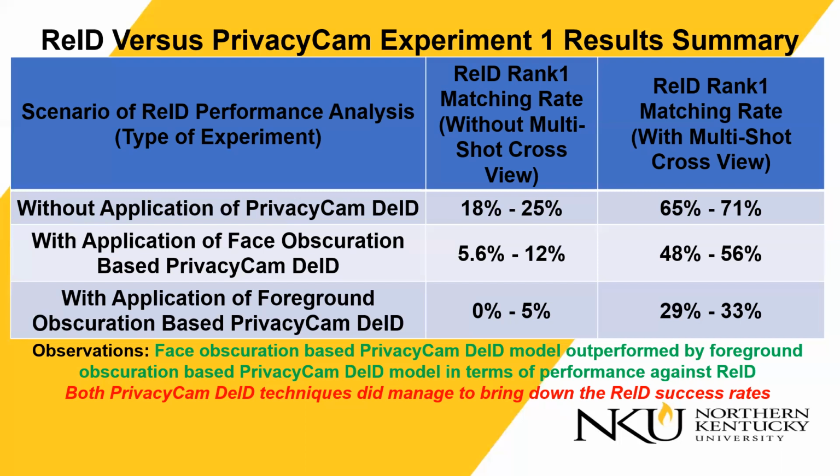What is also worth noticing is that both the Privacy Cam DeID techniques do manage to bring down the ReID success rate, which suggests, and that is what we are trying to find in this novel research work, that the ReID based observation in terms of its success rate and its performance analysis can actually help us understand whether the given de-identification technique under question is actually effective or not.